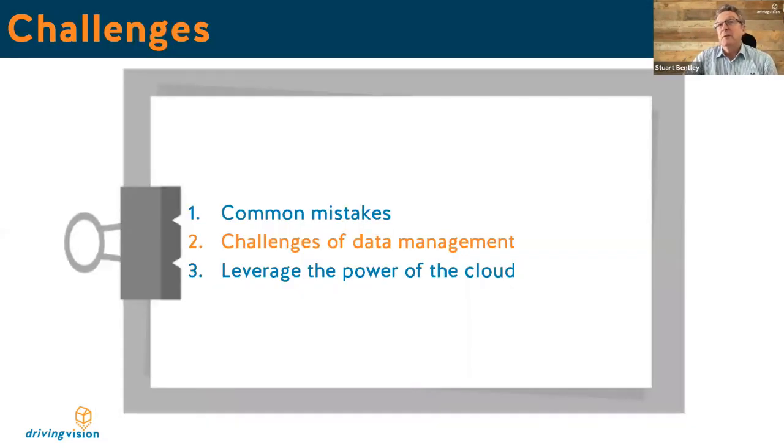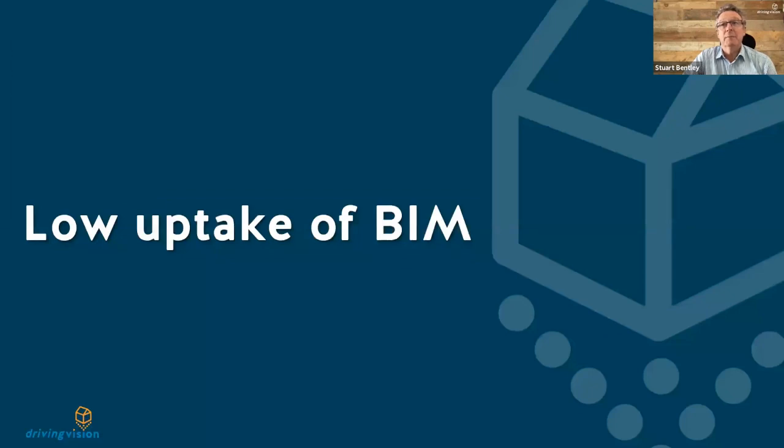So that was a bit silly, but you get the point. These things happen out in the real world, and that's because of some of the challenges we face in the industry. But first, let's give this some context. So despite the obvious benefits of BIM, the adoption is not universal. There's been a significant rise over the past decade.